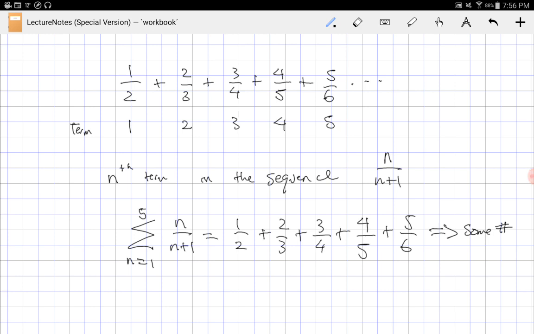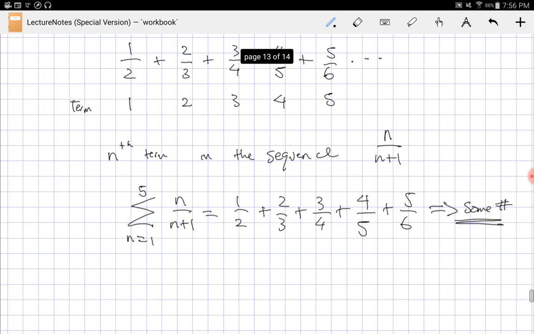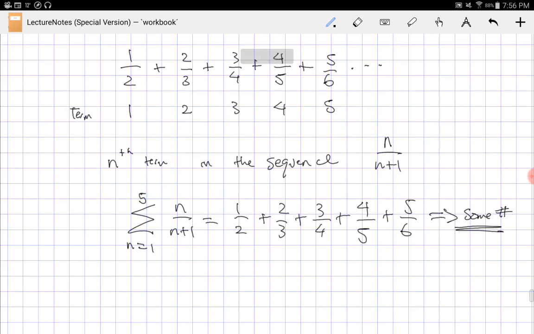And so what we're most concerned with about series most of the time is whether or not it sums up to some number. I guess it will always sum up to a finite number if you're counting to a finite number.